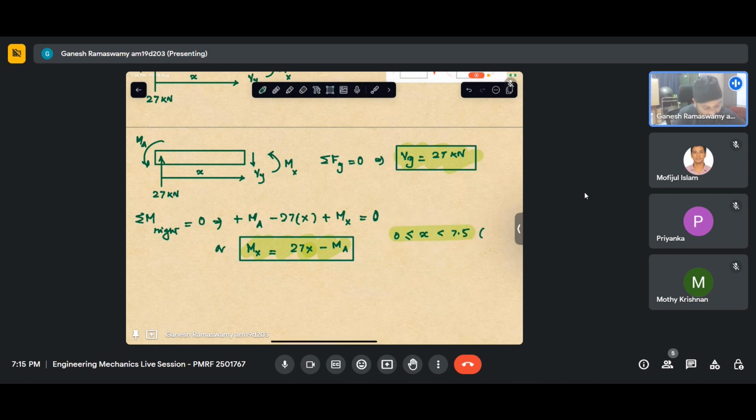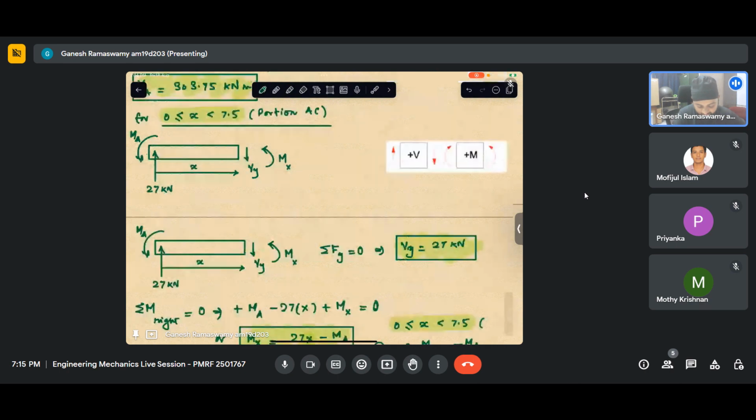So at x equal to 0, I'll have the bending moment at A. I can see that it is minus Ma, which is equal to minus 303.75 kilonewton meter. It is what we got.